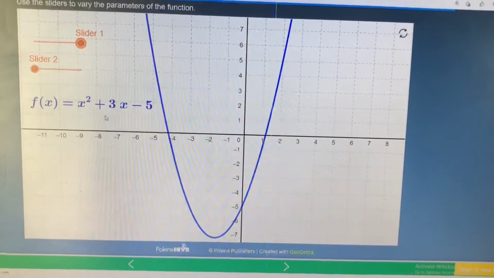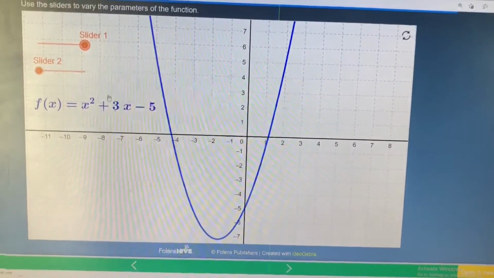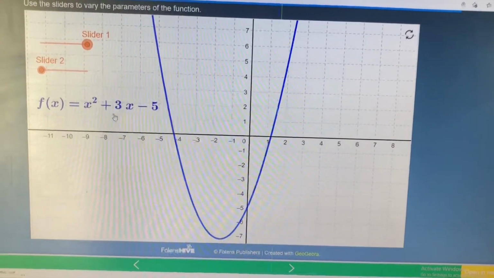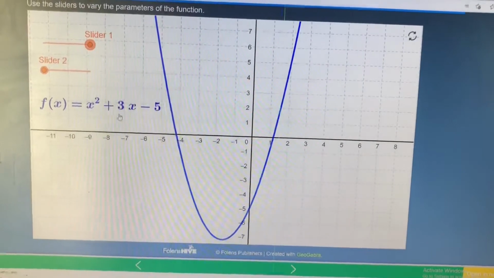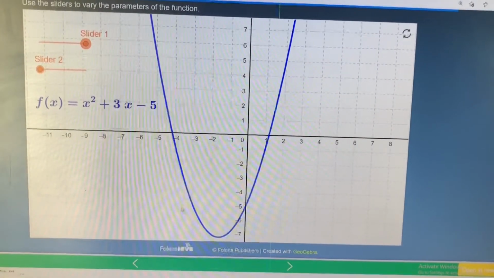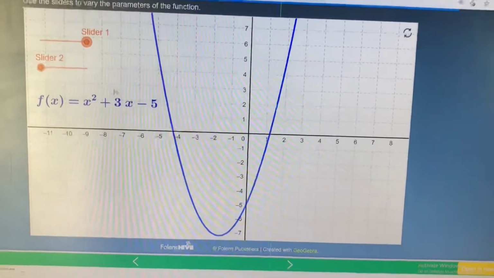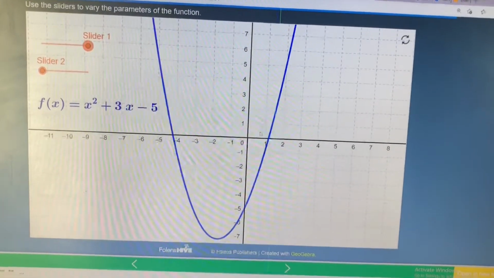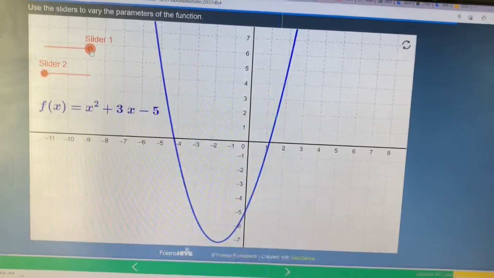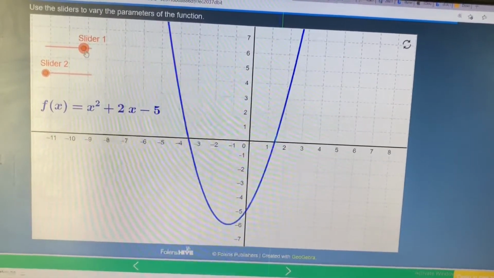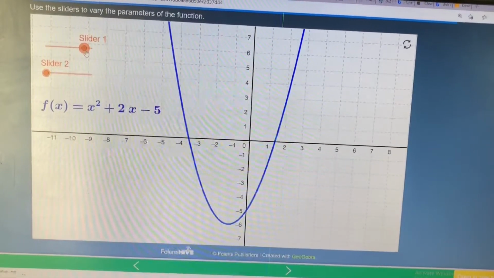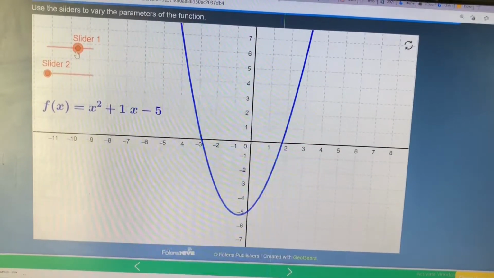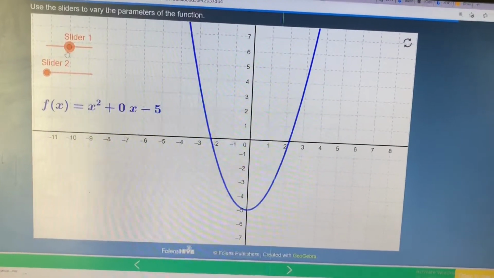Now, with quadratics, this middle term coefficient, the number attached to just the letter on its own, actually doesn't refer to the steepness. In fact, if I change this, at the moment this is +3, watch what happens if we look at other values. There's 2x, it moved to the right, 1x, it's moved to the right again.